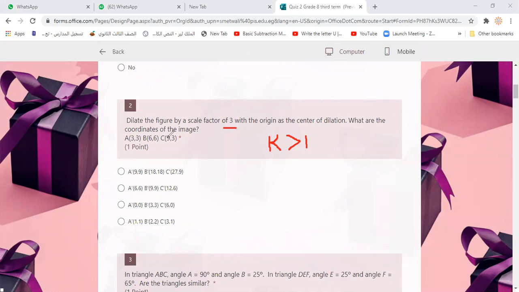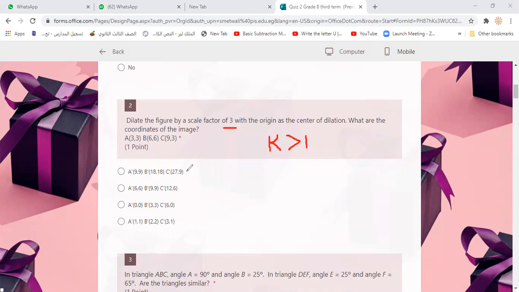But how are we going to find the image? We will multiply by 3. Then 3 multiplied by 3 equals 9. 3 multiplied by 3 equals 9. 6 times 3, 18. 9 times 3, 27.